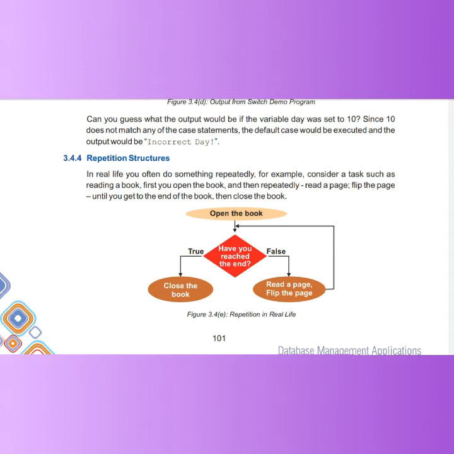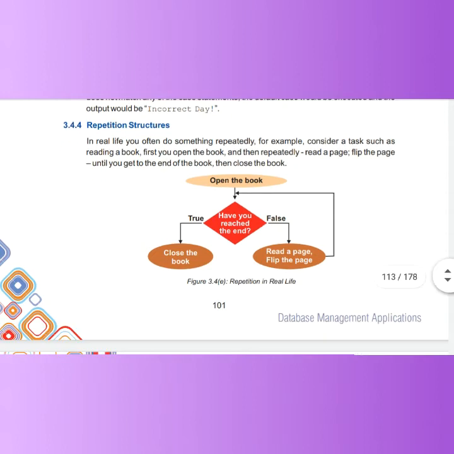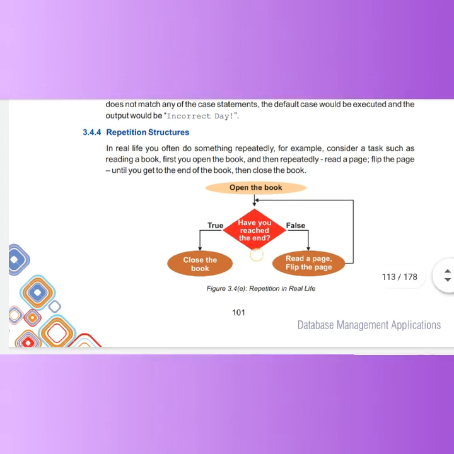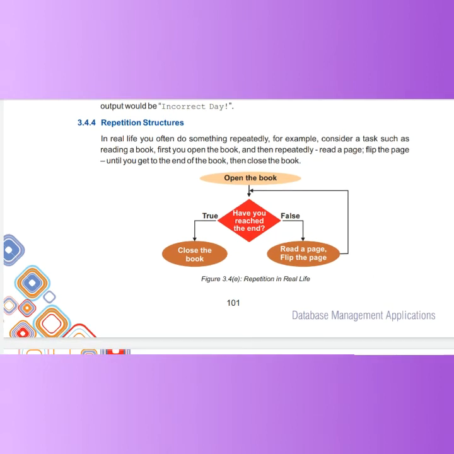Now in repetition structures, let us consider one example from real life. What do we do if we want to complete book reading? Firstly we will open the book, and we have two cases: either we read the complete book, or we have not completed the book and we keep it aside after reading 2 or 3 pages.